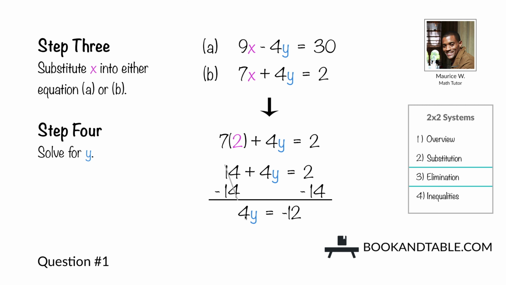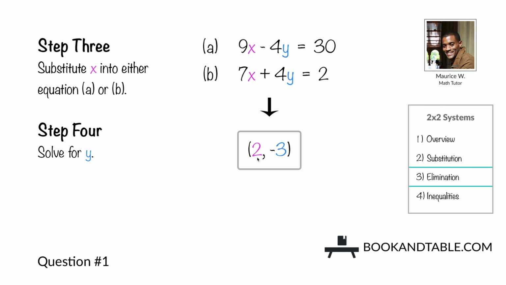And then to get rid of the coefficient of 4 in front of the y, we want to divide both sides by 4, leaving us with y is equal to negative 12 divided by 4, which is negative 3. So we get negative 3 if you plug x is equal to 2 into equation A or B. You'll get the same value for y.